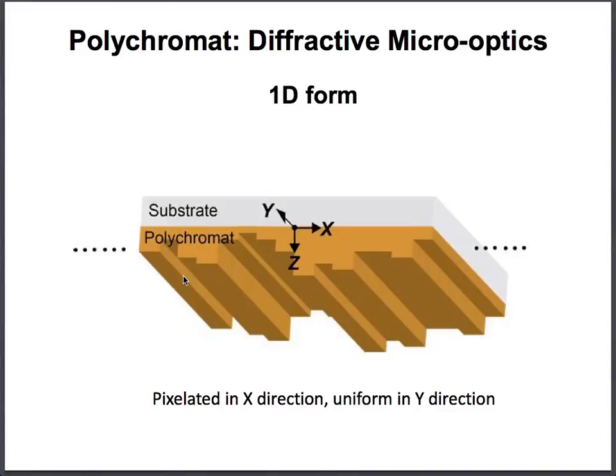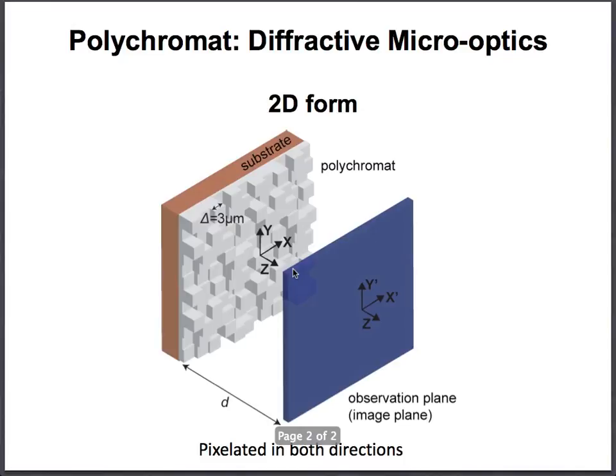The height of each pixel is optimized depending on the application you want to use. The height levels will determine what band splitting you will get. And it could also be in a 2D form in which you have squares with different heights.